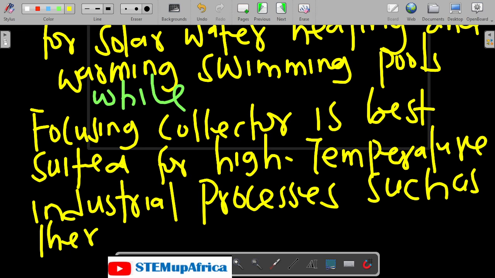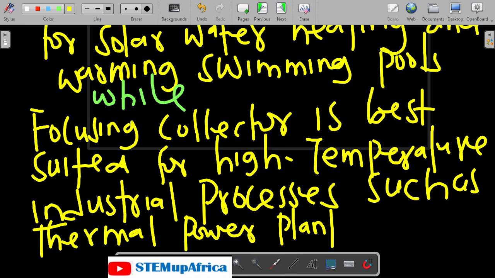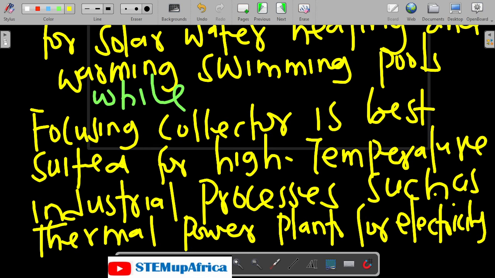The word thermal means heat. So that's the difference between the flat plates and the focusing collectors.